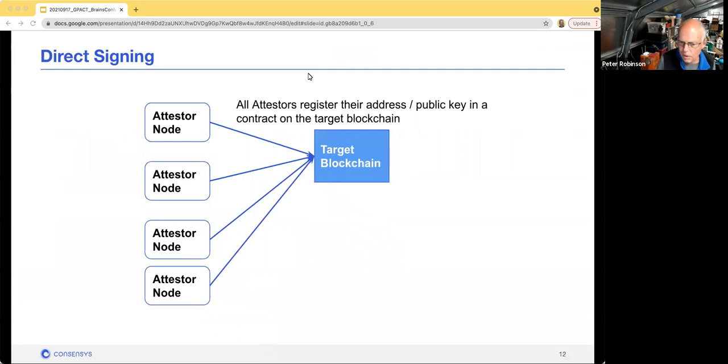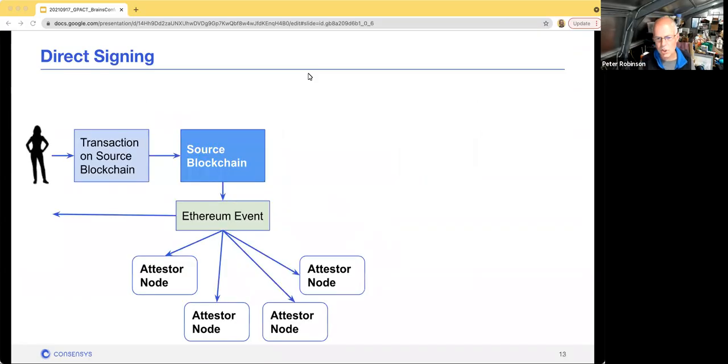So I've talked about a direct signing mechanism as an approach. The idea there is you have a set of attesters that are trusted by a target blockchain. And when a transaction happens that emits an event from the cross-chain control contract, these attesters are monitoring for those events.